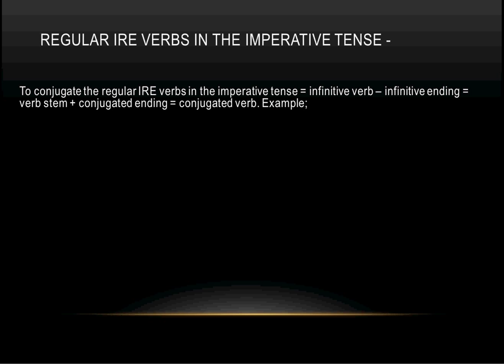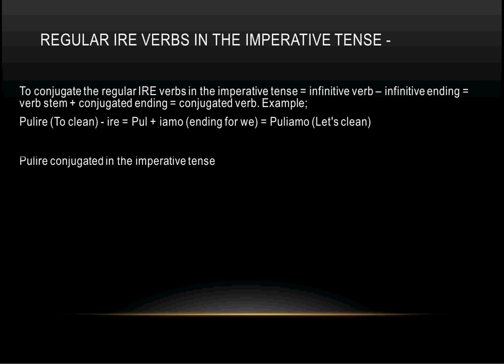For the IRE verbs, infinitive verb minus infinitive ending equals verb stem plus conjugated ending equals conjugated verb. Example, pulire, to clean, minus ire equals pul plus iamo, ending for we, equals puliamo, let's clean. Let's take a look at the whole conjugation. Pulisci, clean. Non pulire, don't clean.